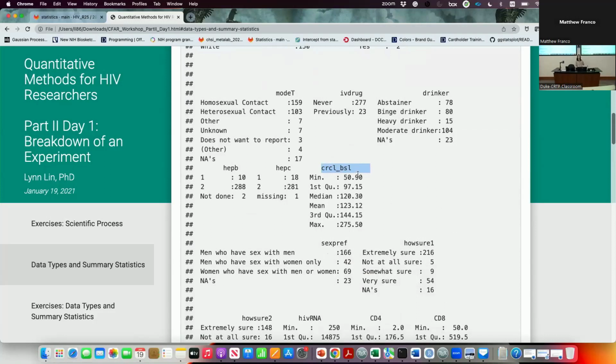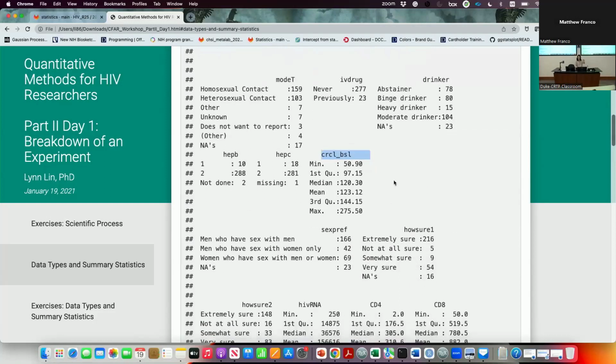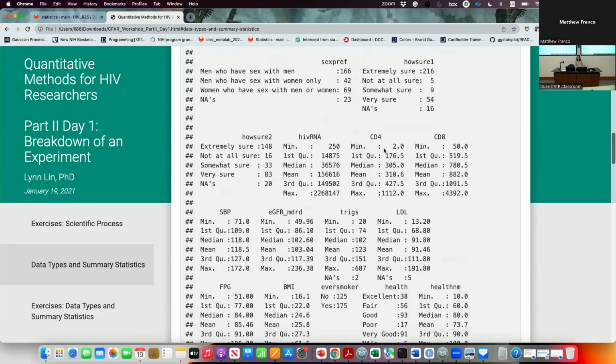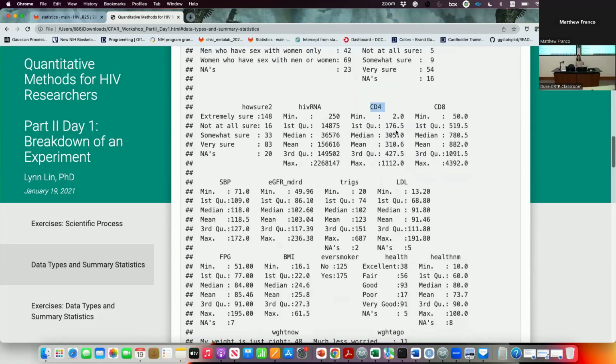Yes, continuous. Obviously, this name is very misleading, but if you look at this, somehow you can guess it's continuous, because it has a minimum, a maximum, a median. Obviously, I didn't tell you how to do the summary on the continuous, but this is how it looks. Okay, then maybe you can all understand this CD4. So what's the type of CD4?